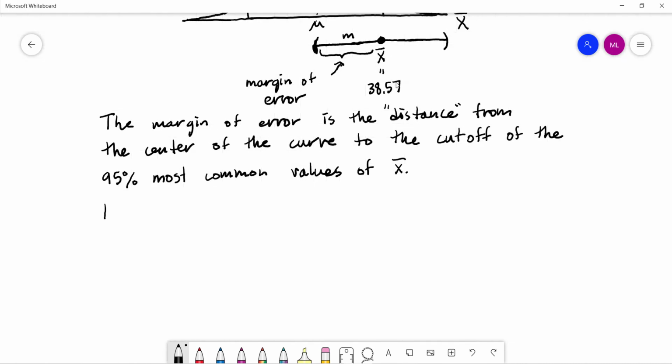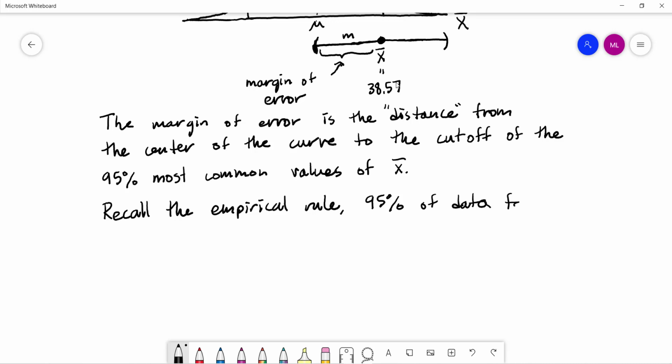So if we recall the empirical rule, 95% of the data falls within plus or minus 2 standard deviations. And it's about 2 standard deviations.